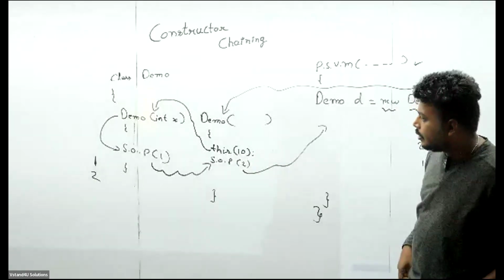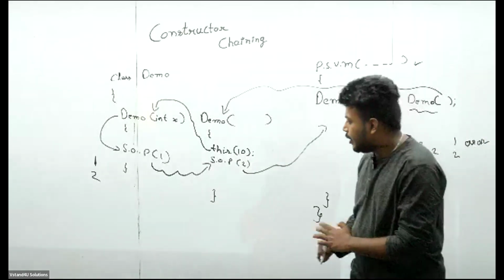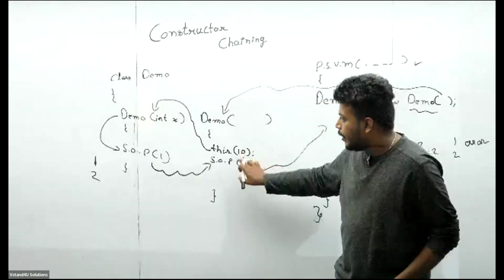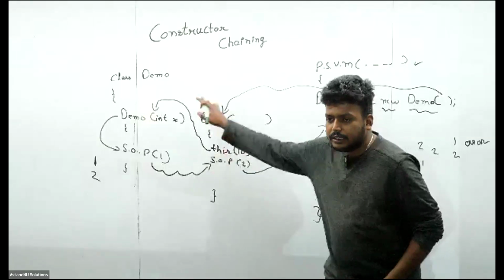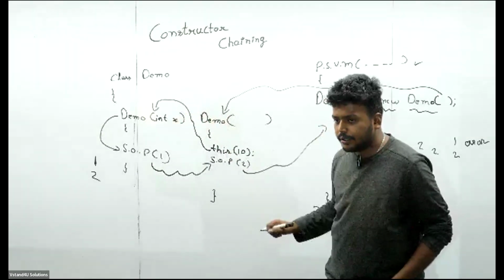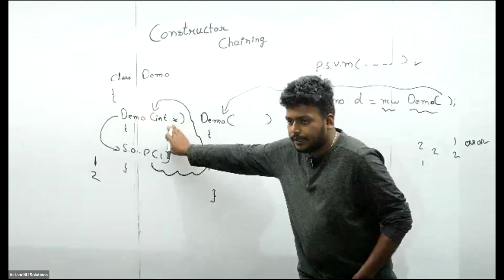I'm not getting what happens after this step. See, in this statement, I'm passing some parameter. It will check which constructor is using the parameter. Here in this constructor I'm using some parameter, right?